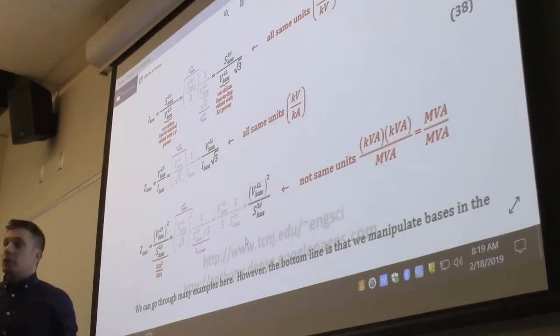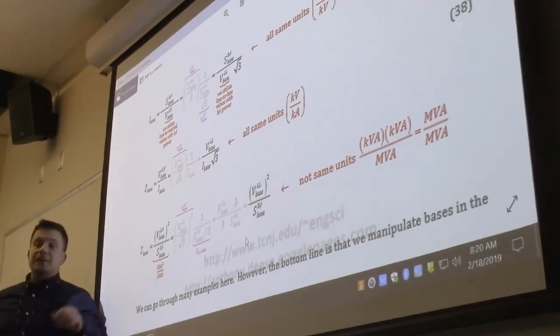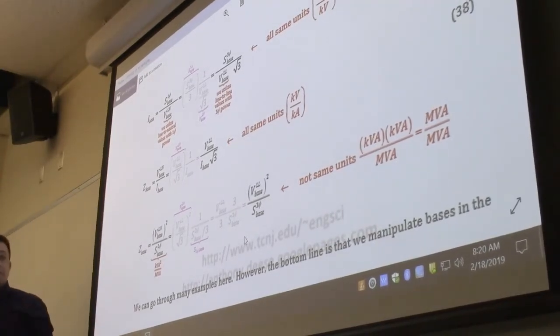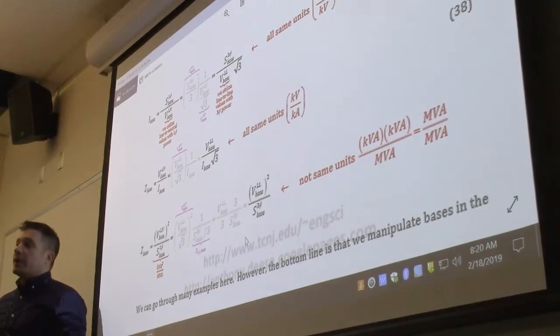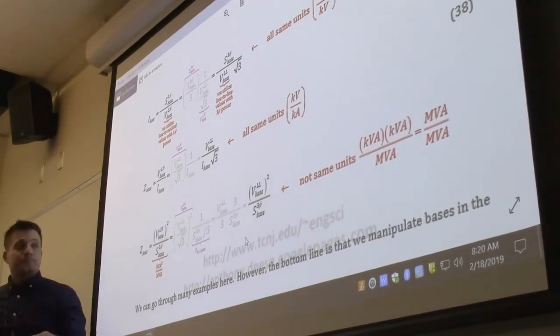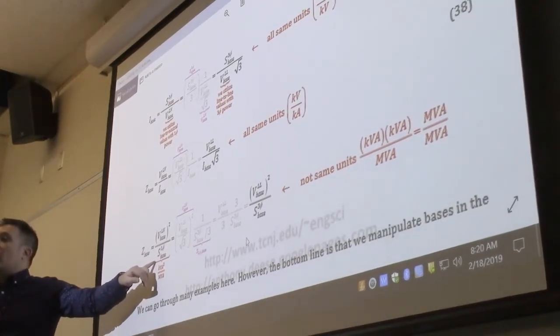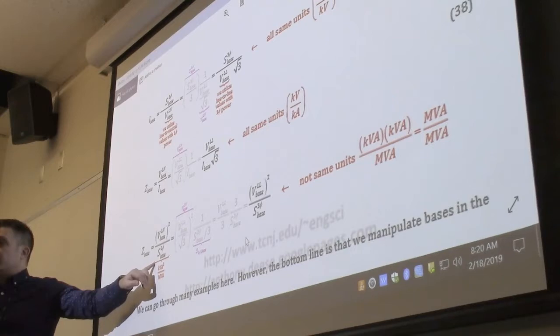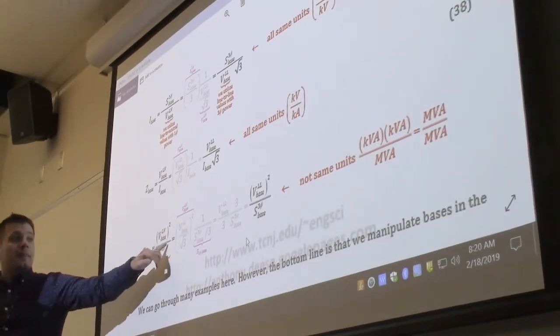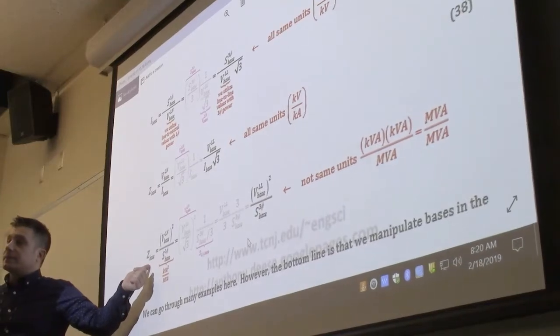So if I give you a problem and I say, give me the impedance base for a system, or a component, with a line-to-line voltage base of 208 and a single-phase power base of 100 or 2 megawatts, right? You need to be able to combine these together in order to tell me what the Z base is.